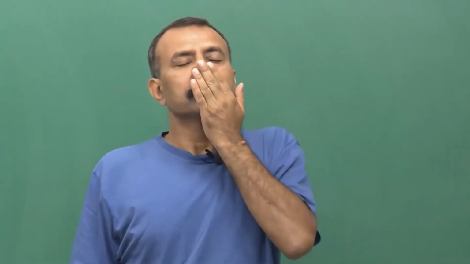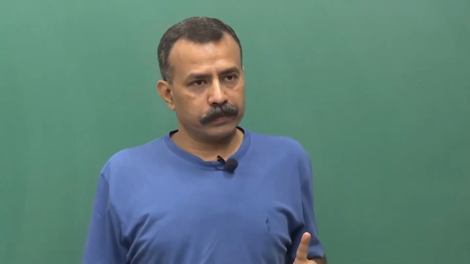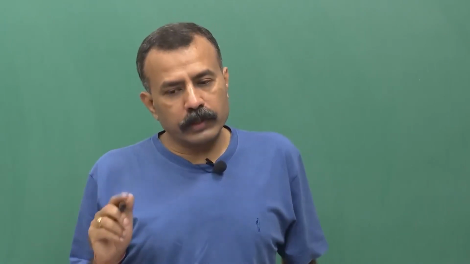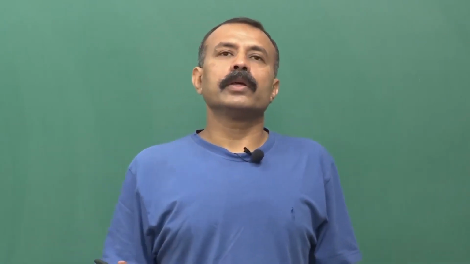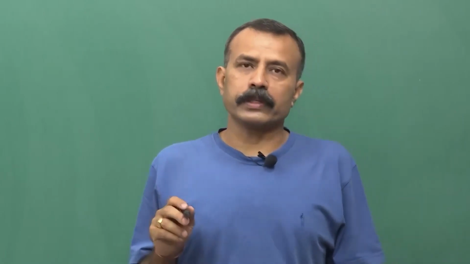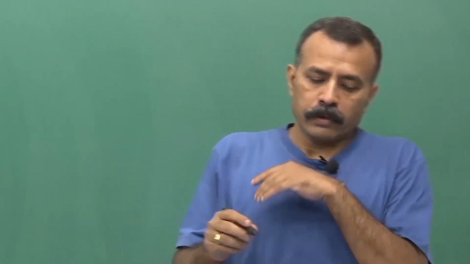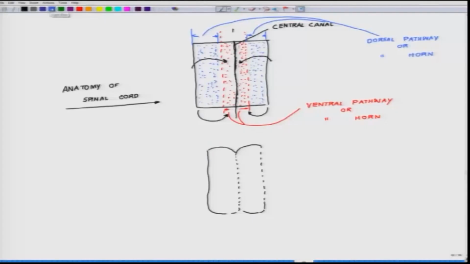Now, there is another term for this. Before I get into the term, I will tell you the kind of cells which are present here. So, the neurons which are present out here are fairly large, and they have their processes going to all your sense organs like this.